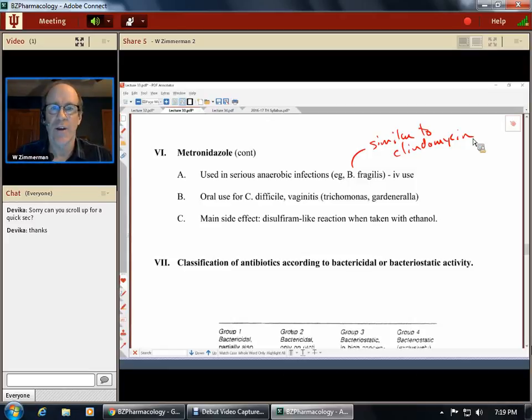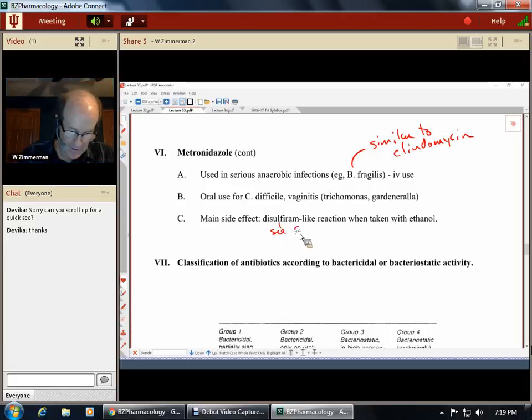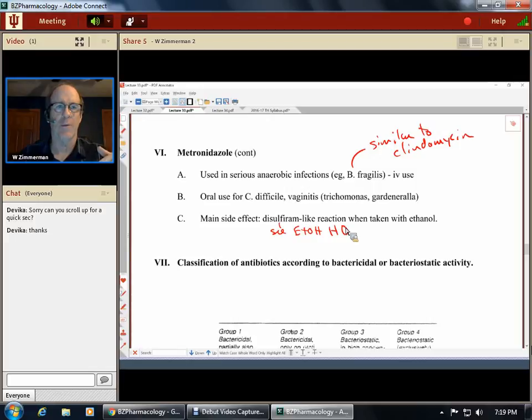Not too many side effects. But if you remember disulfiram, I'll see the ethanol handout. Disulfiram inhibited the second step of alcohol metabolism. So you get the alcohol acted upon by alcohol dehydrogenase to form the acetaldehyde. The acetaldehyde is toxic. You need that to be metabolized very quickly to the acetate and water.